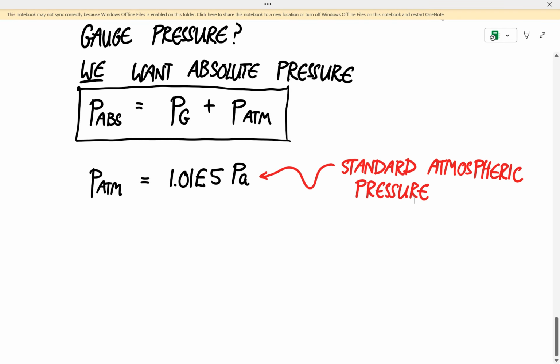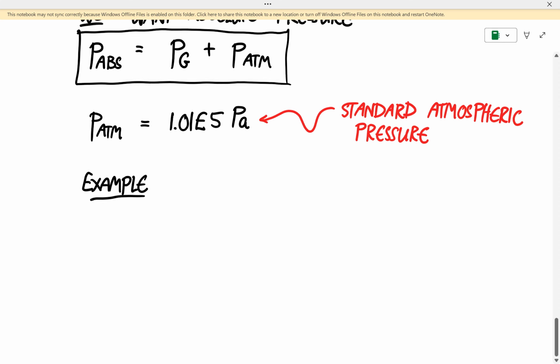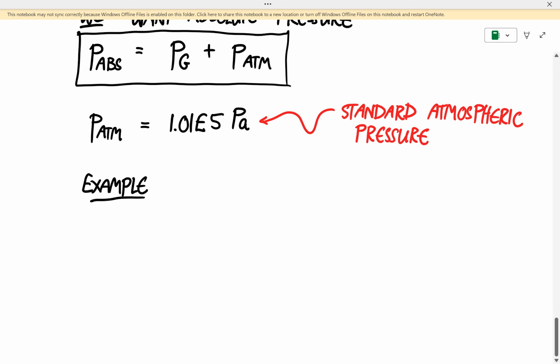Okay, so now let's do an example. Let's say that a box is sealed at sea level. We'll assume that it's standard atmospheric pressure when this box is sealed.